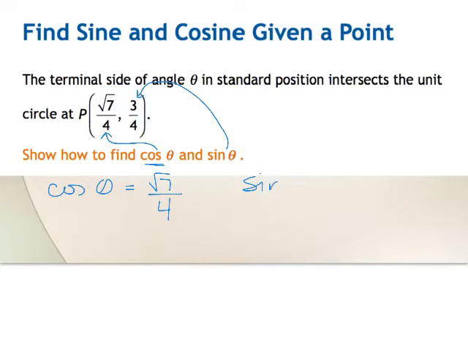The sine of theta is 3/4. Would you know what quadrant this would be in? This would be in quadrant 1 because they're both positive. It doesn't ask for the quadrant, but it's good to know where this point would be located depending on the signs.